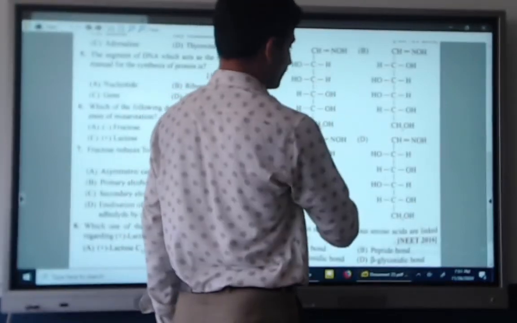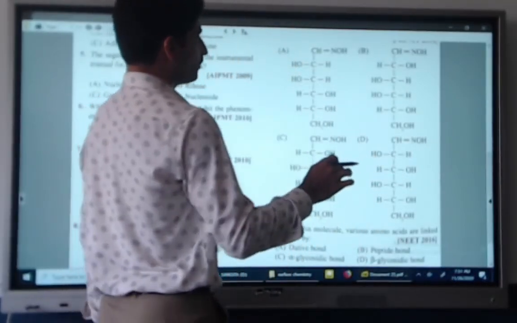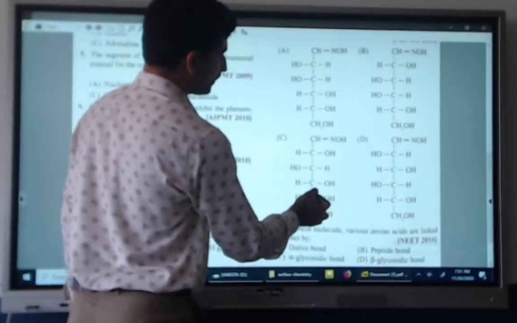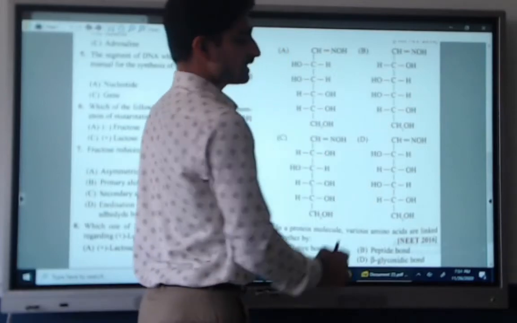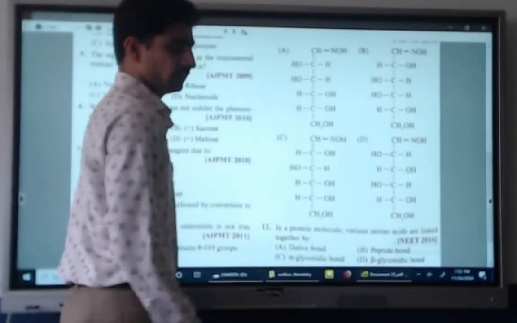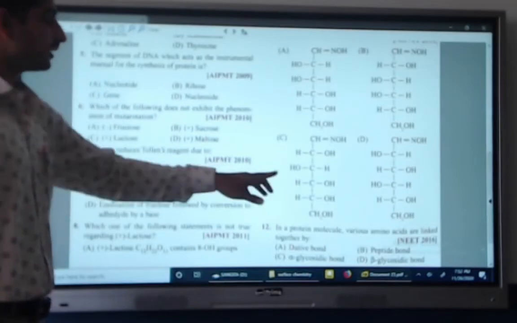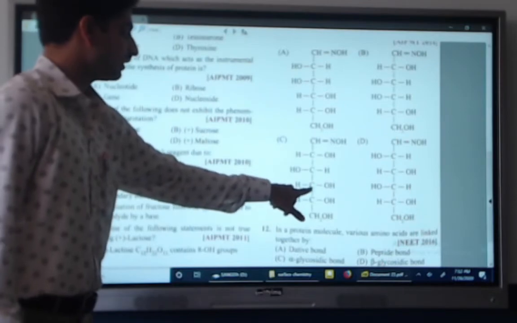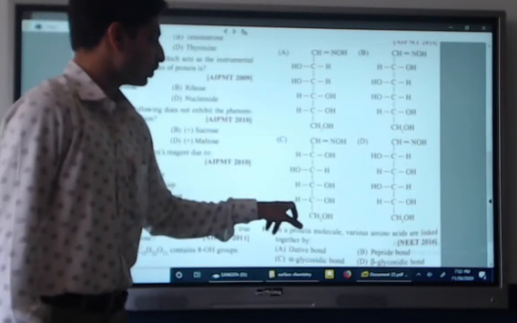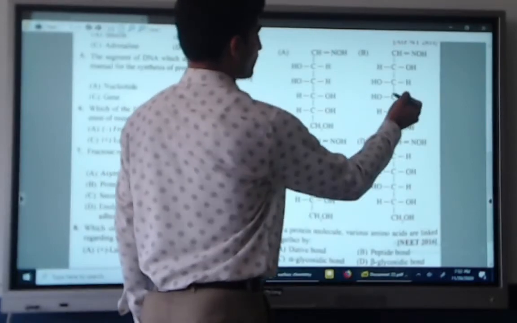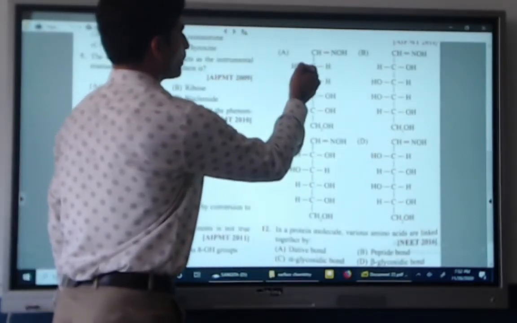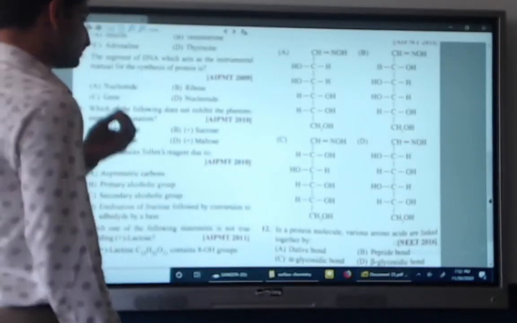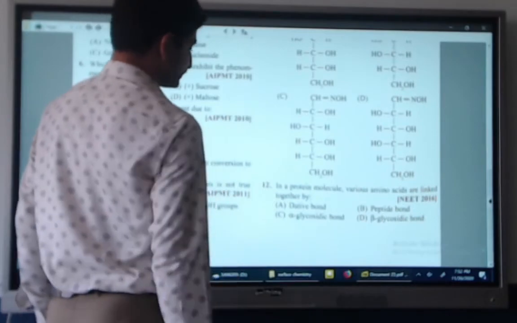Here an OH pattern is there, so these two are wrong, and here the H OH pattern is correct, but for the fourth carbon the H OH pattern is not there, an OH and H pattern is there, so the answer is C. Are you understanding? The second carbon should have H and OH, and the remaining fourth and fifth carbons should have the H OH pattern. Here they have OH and H, this will be wrong, and these two are already wrong because OH and H is there, because this is positive dextrorotatory, not negative. Okay, next question. So the answer is C.